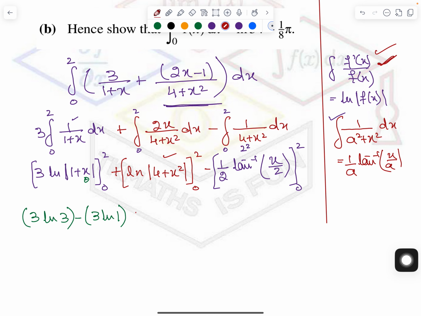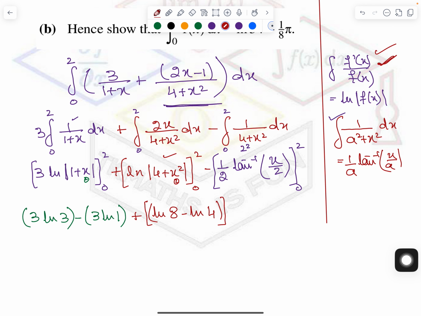Now the second part. So I will do upper limit ln, when I will write here 2 is 4 and 4 is 8. So ln 8 minus lower limit ln 4, because now you will put 0 here. So 4 plus 0 is 4.